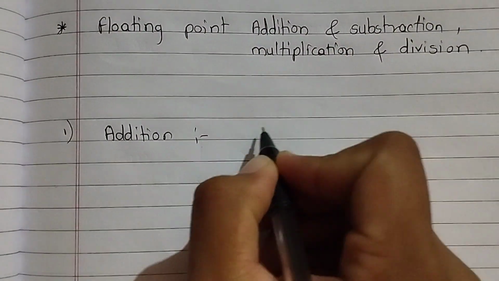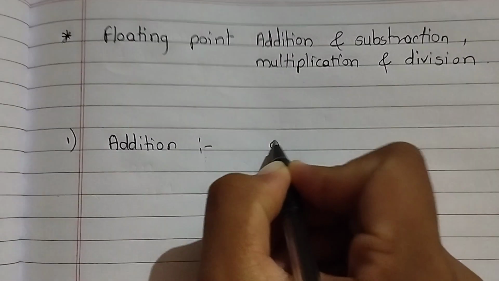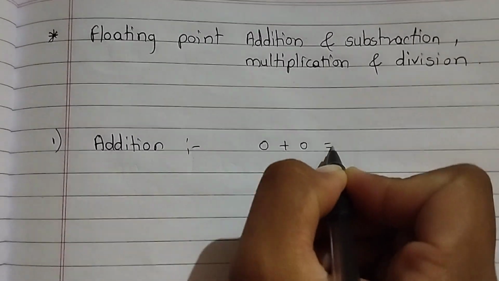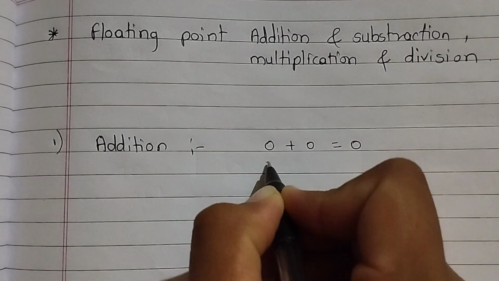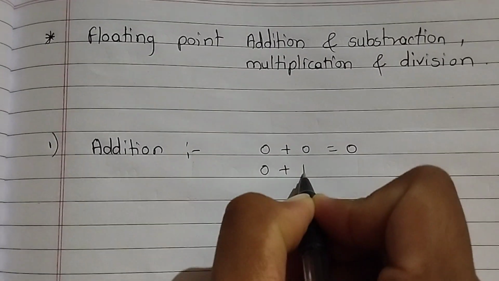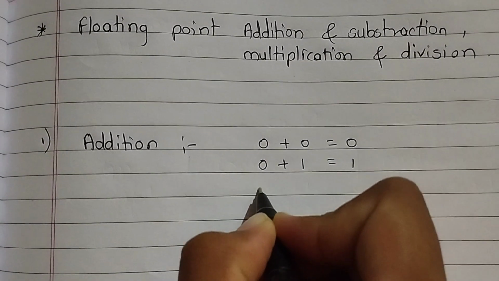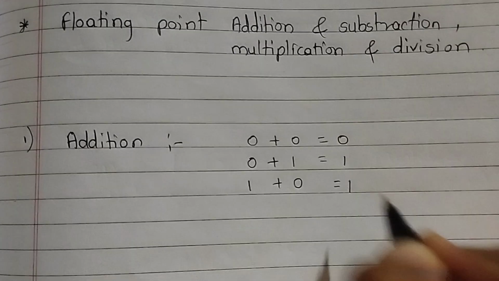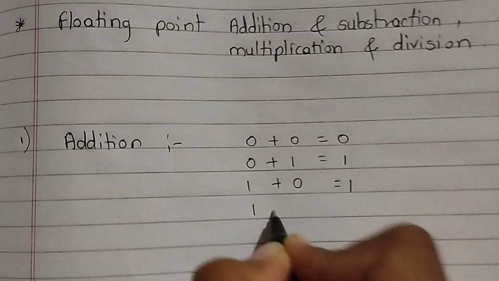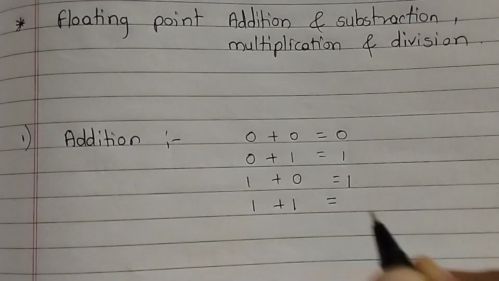So we know 0 plus 0 is equal to 0. 0 plus 1 is equal to 1. 1 plus 0 is equal to 1. But when 1 plus 1 is equal to what?